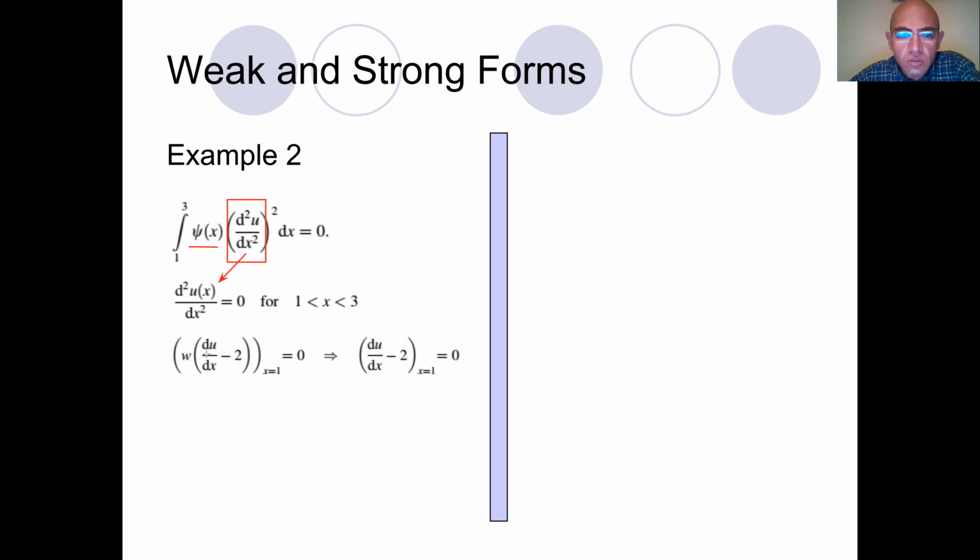Now, second of all, we look at the second term. Remember that w is arbitrary. Since w is arbitrary, we can choose any function. And the only way that this term is 0 is if the expression inside the brackets is 0. This basically means that du/dx minus 2 at x equal to 1 is 0. This validates the weak form.